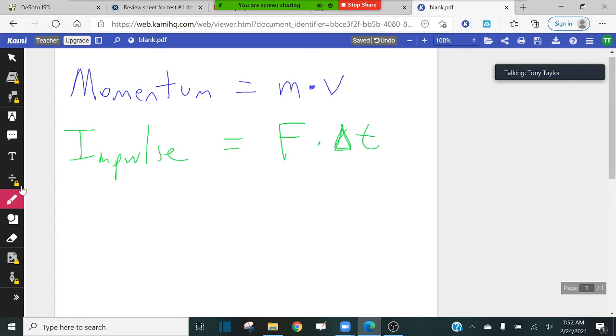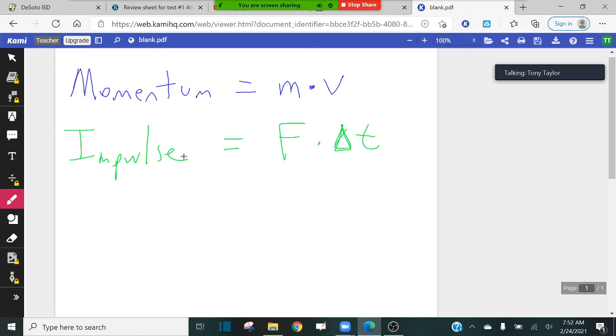Now, on some of the questions, whenever it asks you to calculate impulse, look closely at what they give you. If they give you force and time, you can easily multiply those to find impulse. Now, sometimes in some of the problems, it may give you extra information that you don't need.